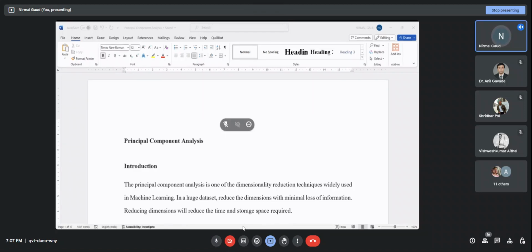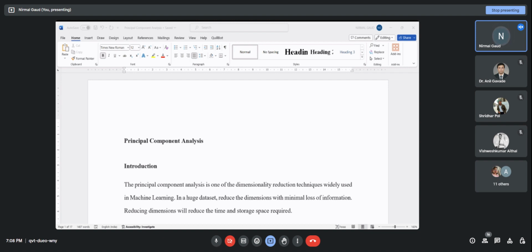So, in the previous class, we were discussing principal component analysis. The idea is to reduce the dimensions in data. Why reduce the dimensions? Because if we have multiple features or dimensions, not every feature or dimension is relevant for modeling.